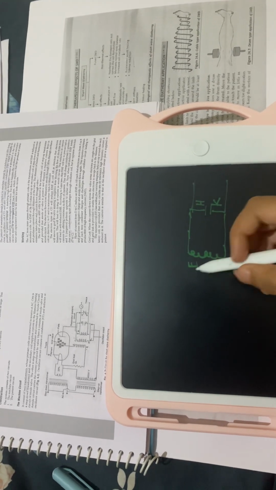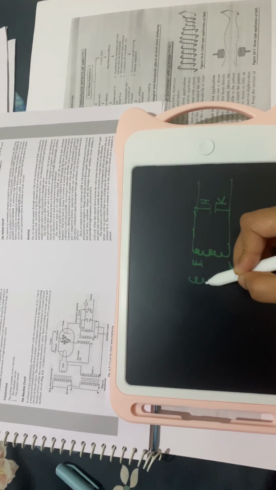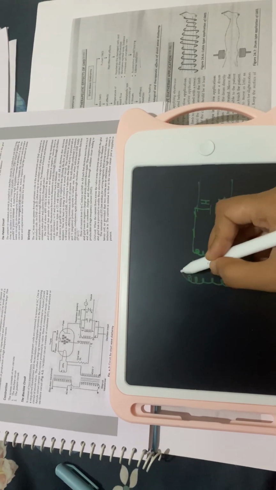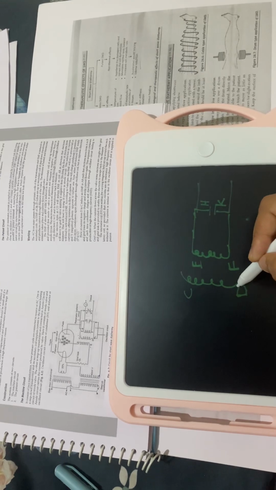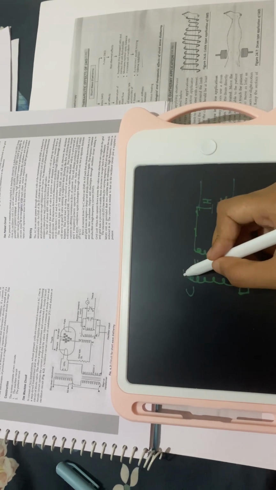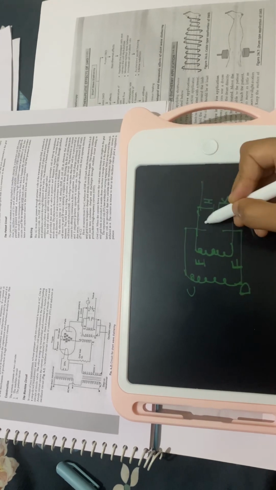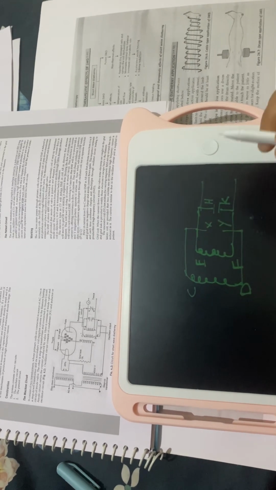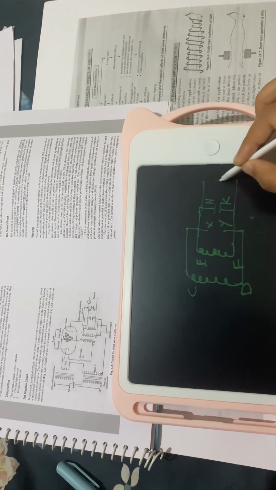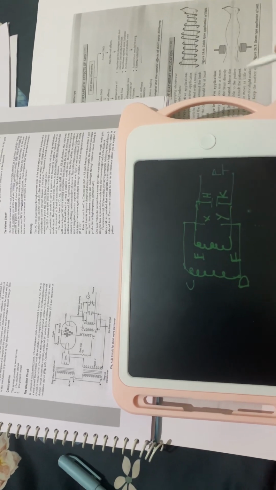Close to the patient circuit, there is another coil, the oscillator coil known as CD. This is the inductance of the oscillator coil, and it has a condenser called XY. So this is the patient terminal.